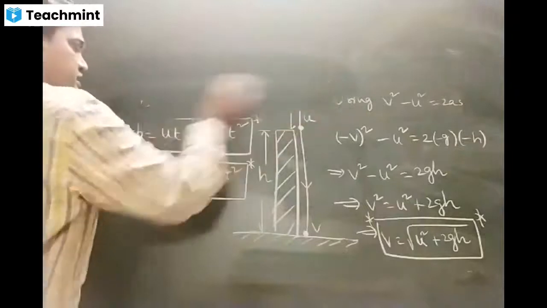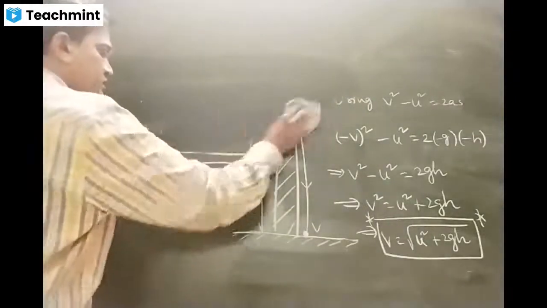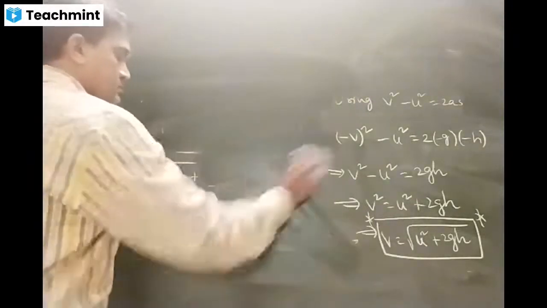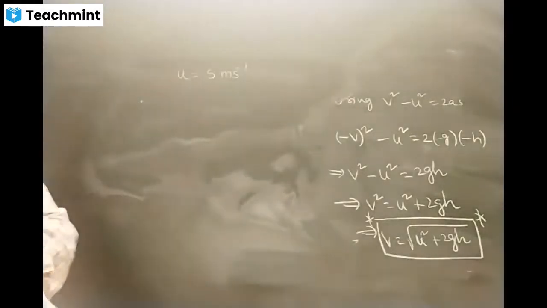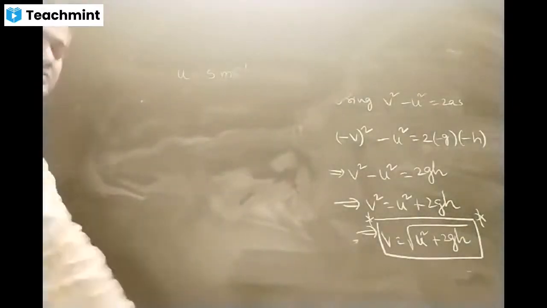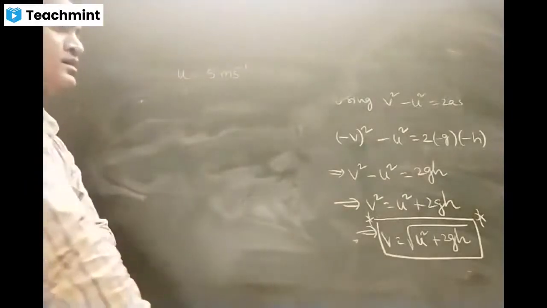See, what is the initial velocity that I have given? 5 meter per second. That means u is equal to 5 meter per second is the value of initial velocity.